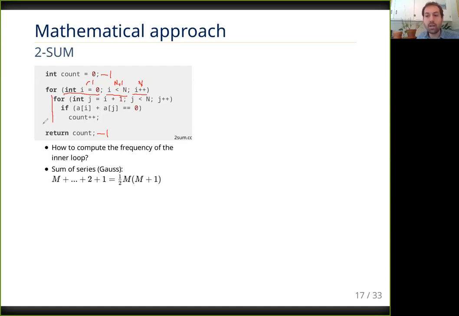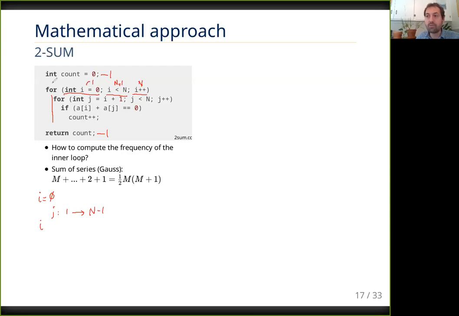So how can we think about it easily? Well, let's study it a little bit more. When i is equal to 0, then j will start from i plus 1, so j will go from 1 up to n minus 1, and that's when the inner loop stops.